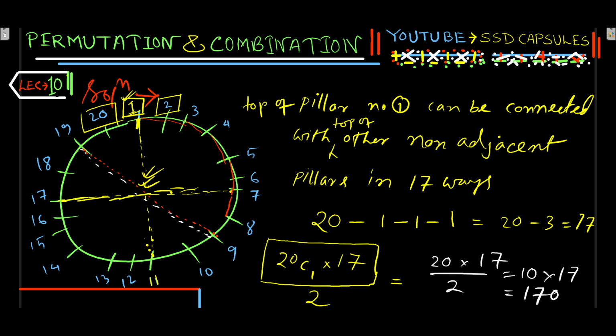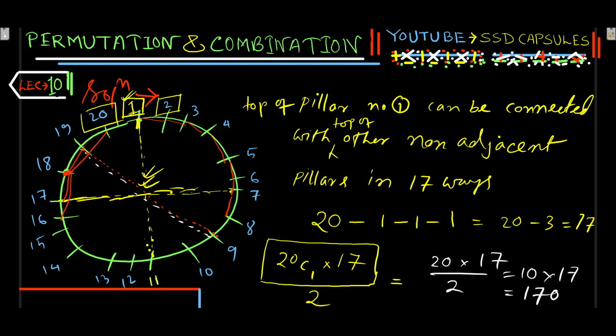Alternative vertices. That is, if we take this vertex 18, then to get a diagonal, we cannot join 18 to 19 or 18 to 17. We have to join rather 18 to 20 or 18 to 16 or any other.